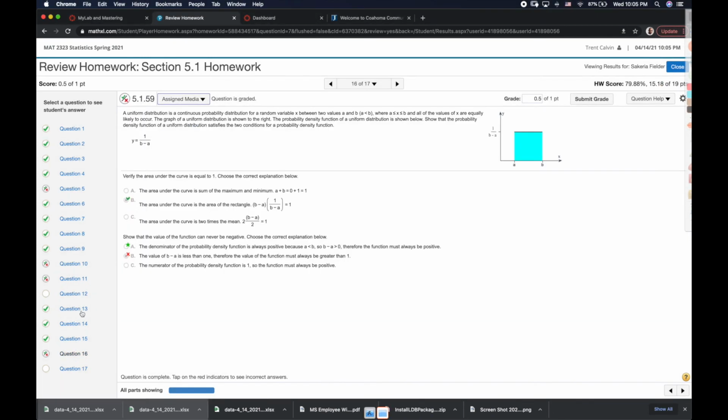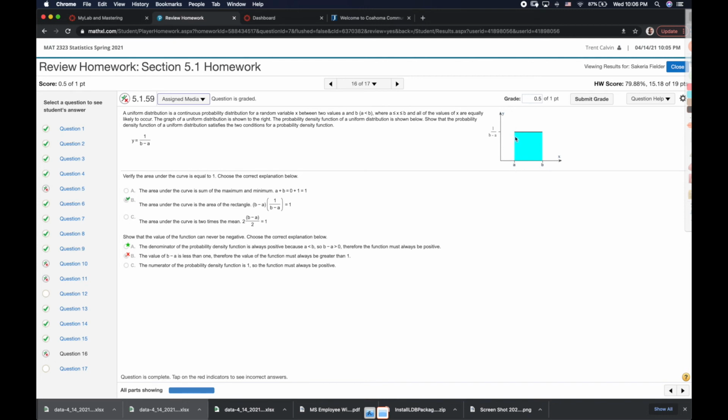So moving down to number 16. This is just finding the area. To find the area of this rectangle, you want to show the probability by finding the area. Great job at finding the formula. I'm just saying this distance here times this distance here.